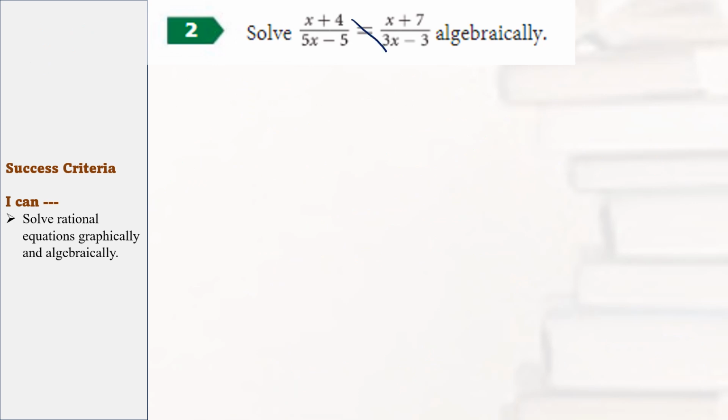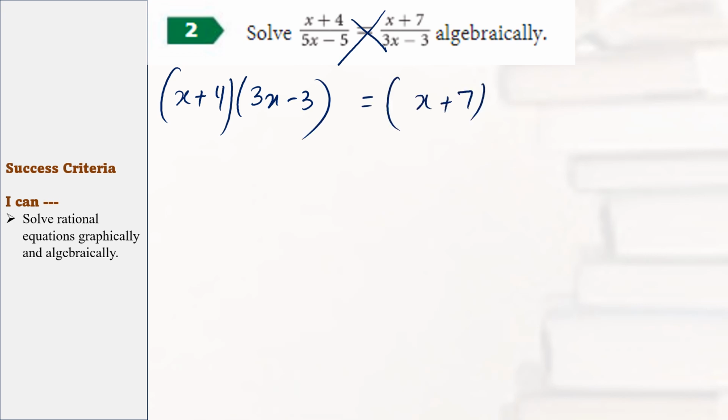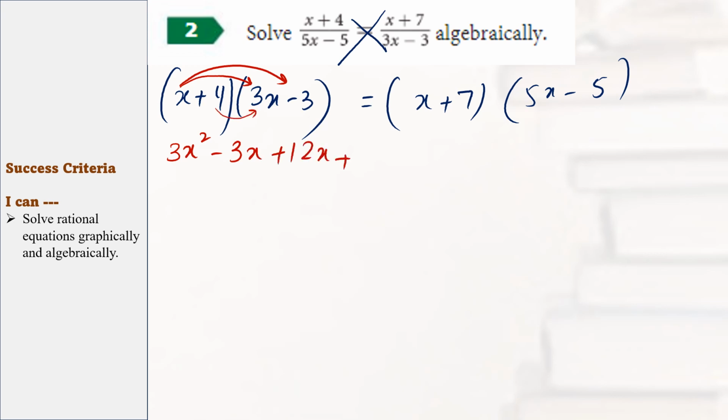Next question. Let's cross multiply (x + 4)(3x - 3) and (x + 7)(5x - 5). Open the bracket: x times 3x is 3x², x times negative 3 is negative 3x, 4 times 3x is 12x, and 4 times negative 3 is negative 12.